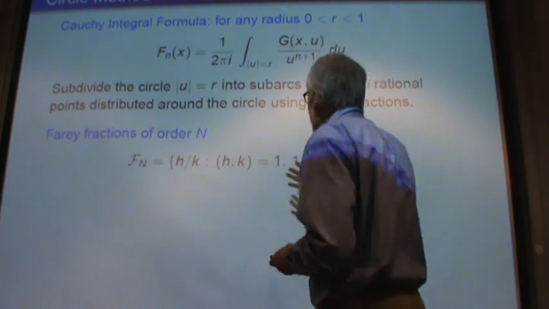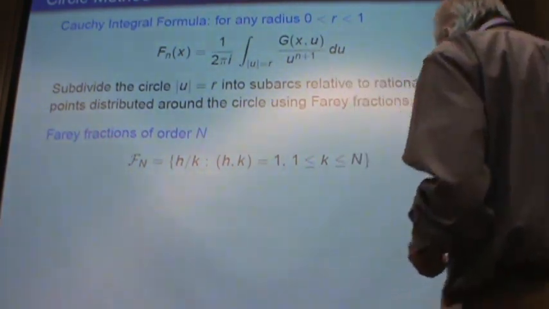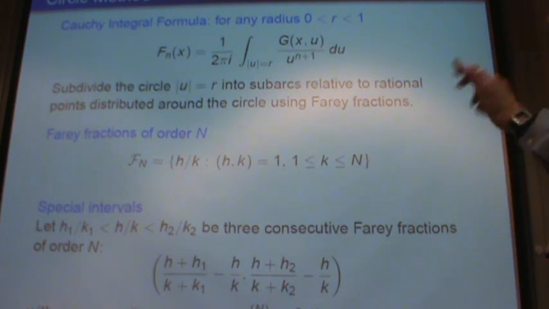So for Farey fractions, you just look at fractions, highlighting the biggest denominator. And there are special intervals that you get from the Farey fractions, and in each of these intervals there is only one Farey fraction that lies inside it.